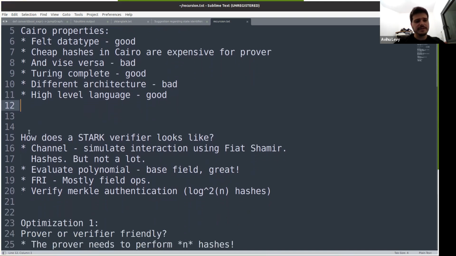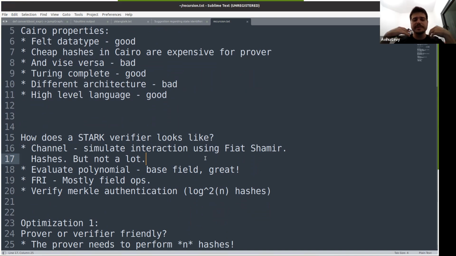Now, what does the STARK verifier have? One basic building block is a channel, which is like the Fiat-Shamir reduction. Basically, the proof protocol has an interaction between the prover and verifier, and we simulate this using hashes.